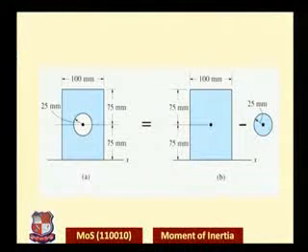One is along the base of the rectangle, which is bd cube by 3, and the other one is at the centroidal axis of the rectangle, which is bd cube by 12. So in this problem, if you observe the figure, the moment of inertia of the rectangular section is on the base, which falls along the x-axis. So you can directly apply the standard value bd cube by 3.